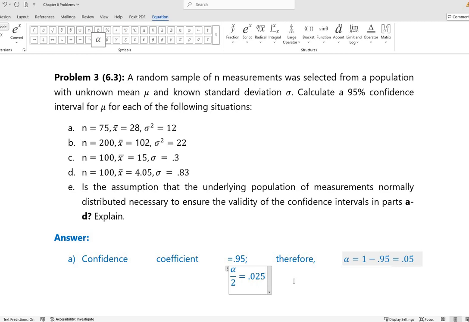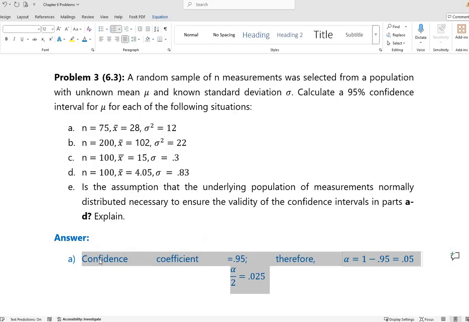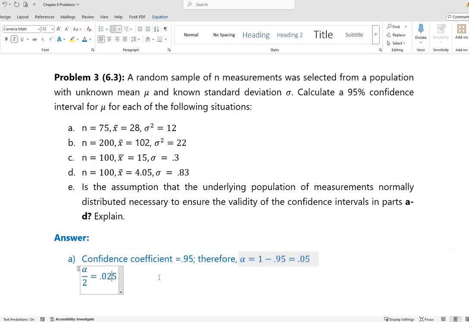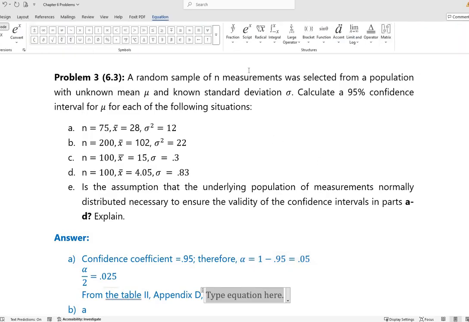Okay, now let's see. From Table 2, Appendix D, if we want to find the z of 0.025, it is equal to 1.96.